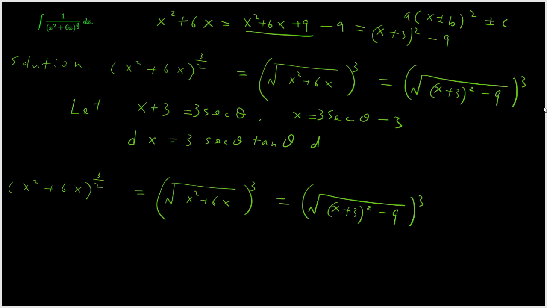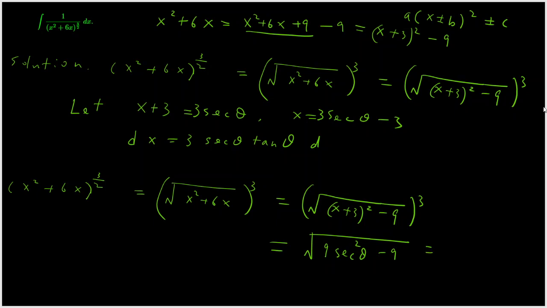Okay, now the whole thing under the radical is equal to, we'll just go from here, okay? Something cubed. Under the radical, you have x plus 3 is equal to 3 secant of theta. Wherever you see x plus 3, you replace x plus 3 with 3 secant of theta. So you have 9 secant of theta, the whole thing squared, minus 9.